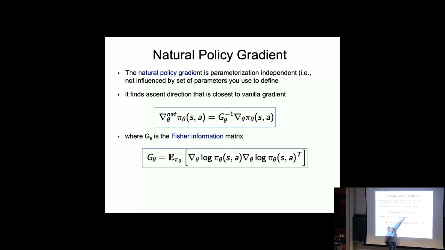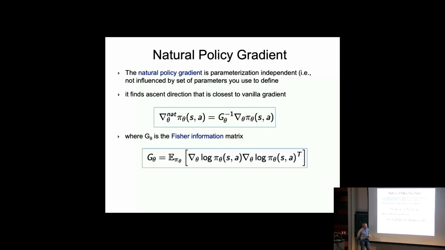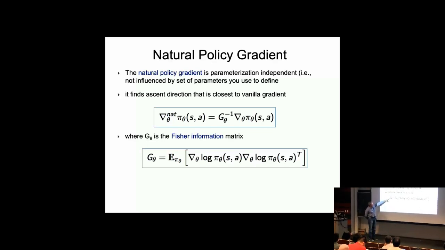You can take the gradient with respect to the parameters that you have, but then you multiply it by a matrix, defined here, to get the parameterization independent direction. And what is this matrix? This matrix is called the Fisher information matrix. If you took 702, you know all about Fisher information.